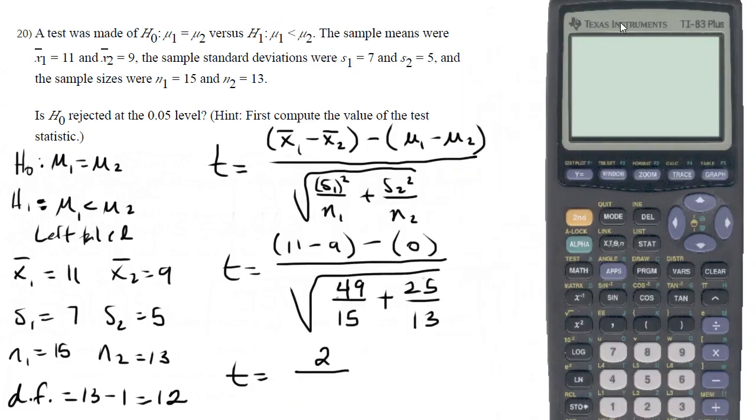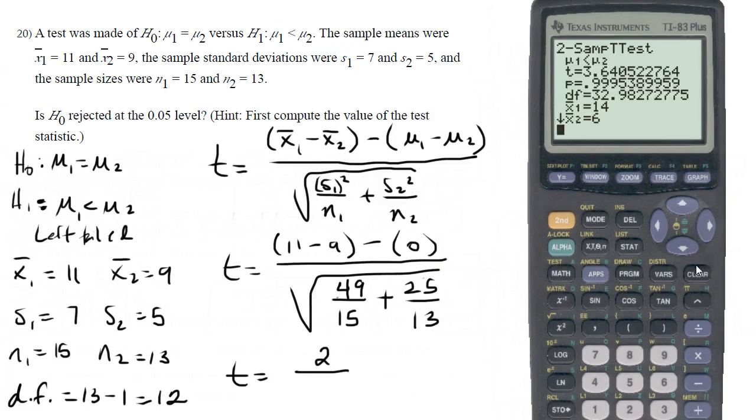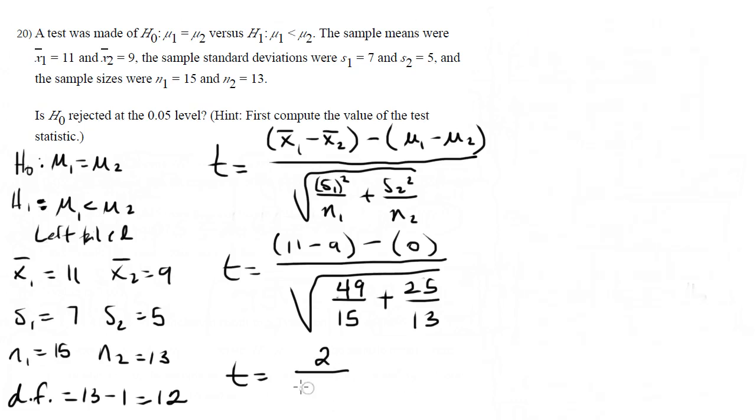I'll make sure to type everything in properly here. So I've got the square root of, in parentheses, 49 divided by 15, plus, in parentheses, 25 divided by 13, close parentheses. So that's 2 over 2.781.